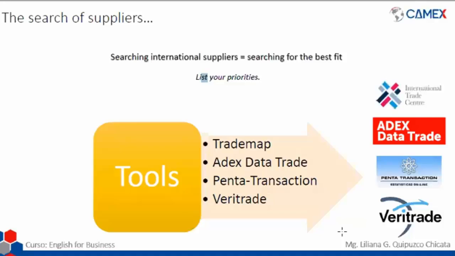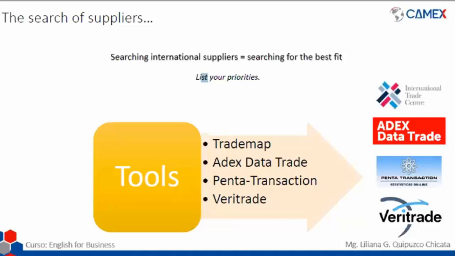For example, if I am from Peru, we're going to be able to find the suppliers that are selling, let's say, from China to Peru. I'm sorry, especially the ones that are free, maybe you won't be able to find the exact name of the supplier, against the ones that you have to pay.